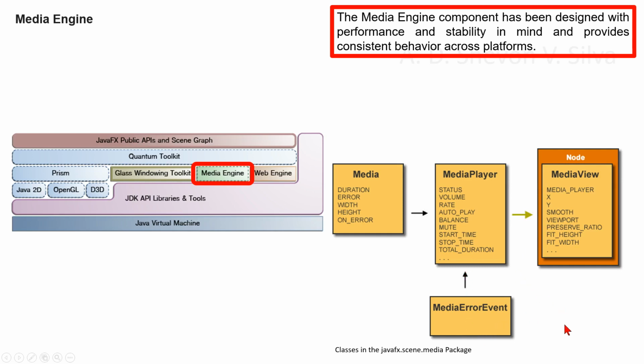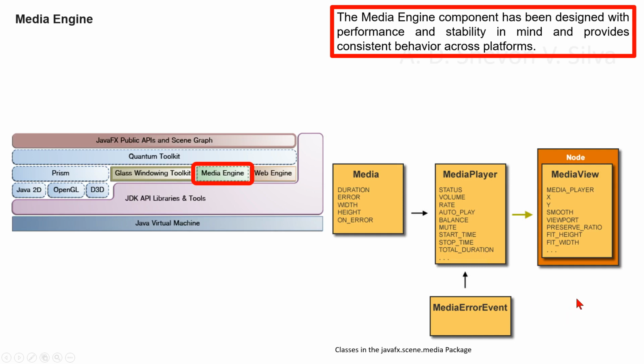The media class variables are duration, error, width, height, and on error. The media player class variables are status, volume, rate, autoplay, balance, mute, start time, stop time, total duration.